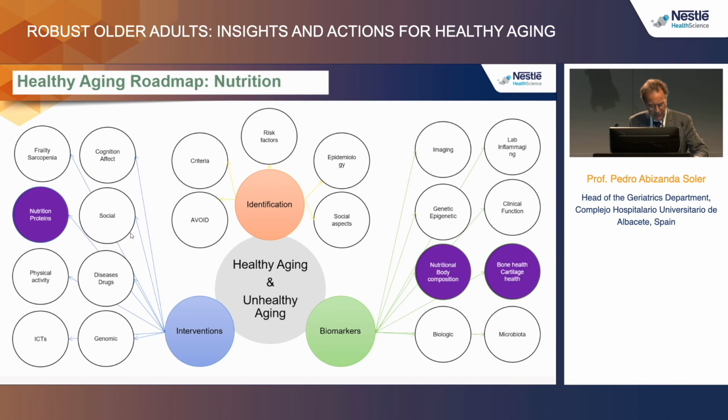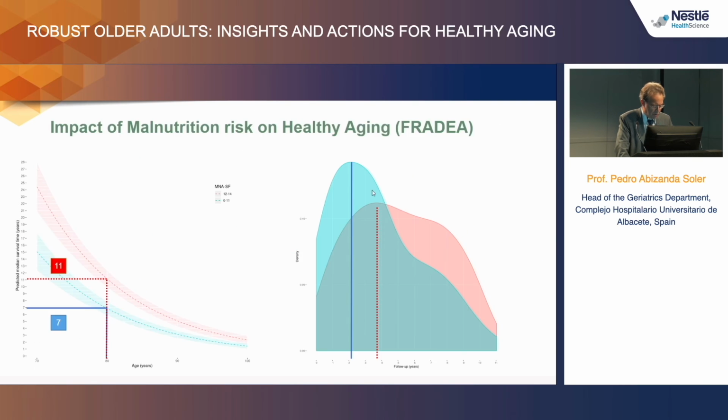So as you can see, in this symposium we are going to talk about nutrition, and all the things I have told you, some of them are very related to nutrition. So I think nutrition is a key aspect when we are talking about healthy aging. For instance, I can show you these two figures from our research with the FRADEA study.